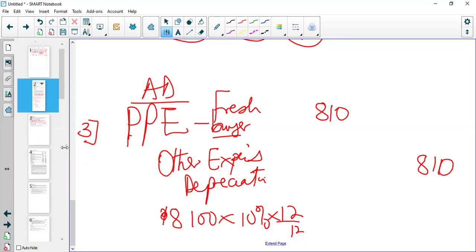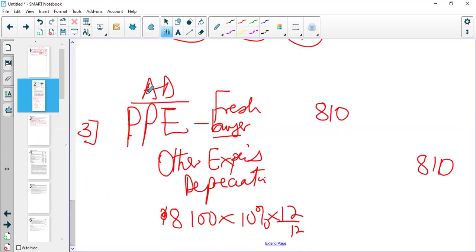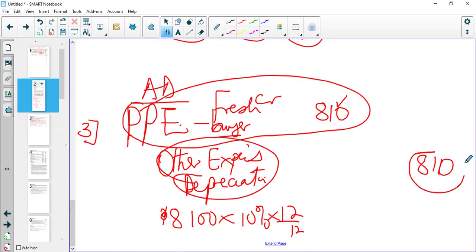We said if it was a loss, remember, you just do the opposite. You still calculate the depreciation the same way, but you credit PPE with 810, and depreciation or other expenses will be debited with 810 if there was a loss. So remember that. So that's your journal entries.